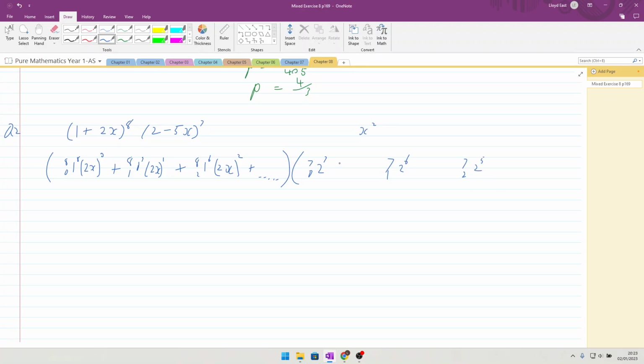And then that's going to be multiplying a minus 5x to the 0, a minus 5x to the power 1, and a minus 5x squared, which is going to be multiplying everything on the left.